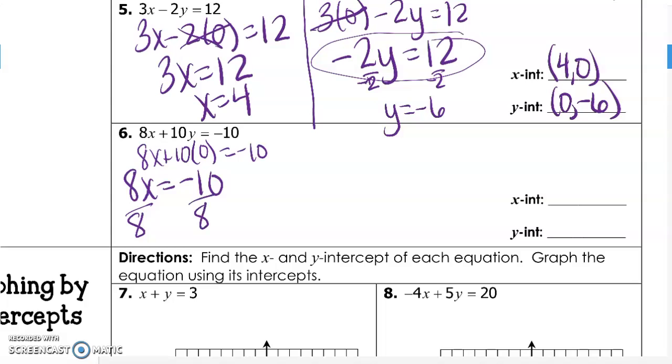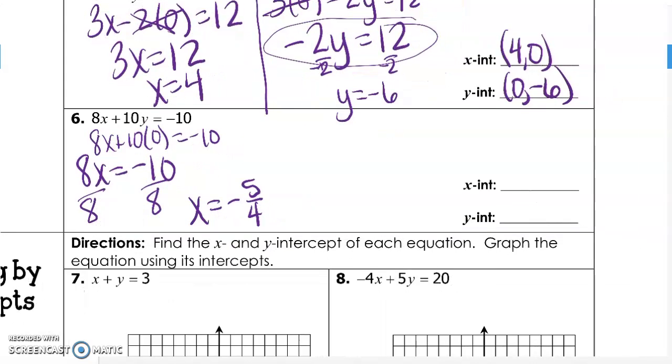Divide by 8. x equals, we're going to simplify this to negative 5/4. So negative 5/4, 0. No decimals and no mixed numbers. Leave it as a simplified improper fraction.